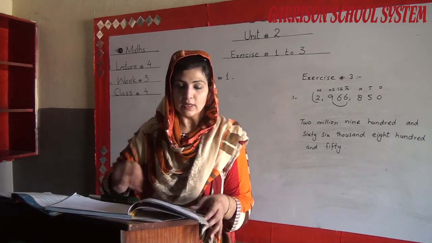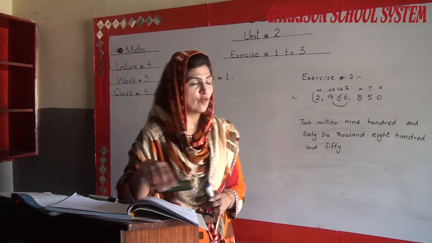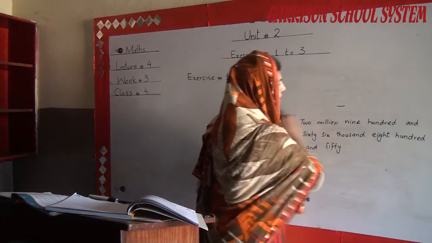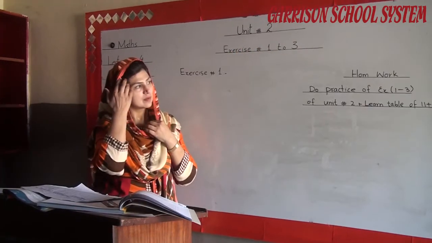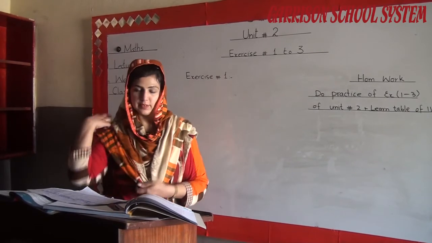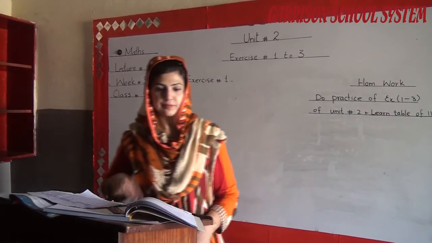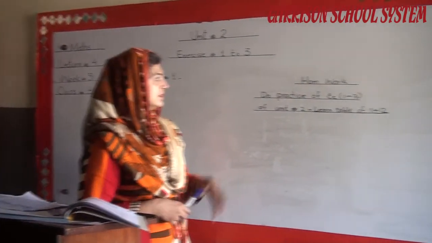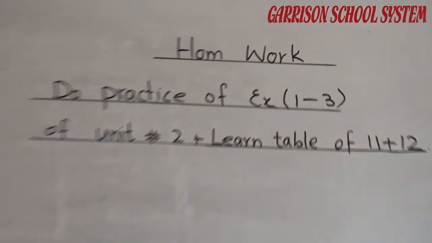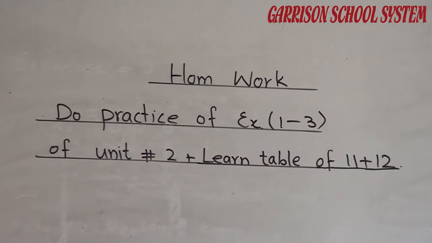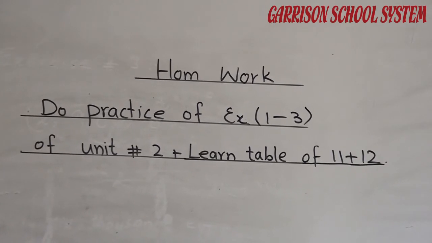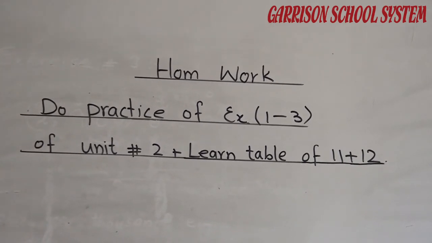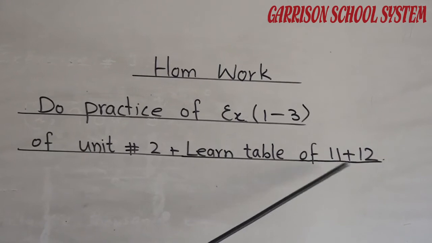Students, now I want to give some homework. So students, this is your homework. Practice exercise number 1 to 3 of unit number 2. Learn the table of 11 and 12.